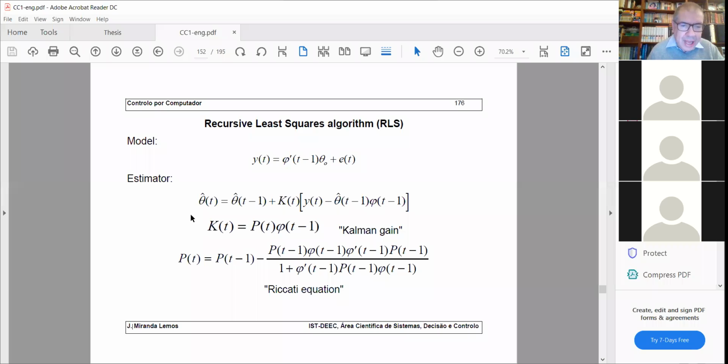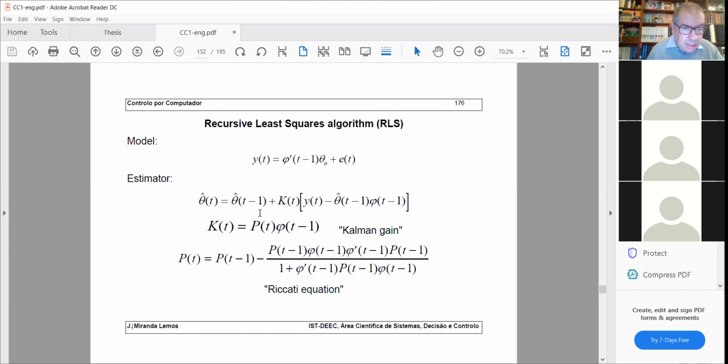Suppose that you know nothing about theta naught. If you know nothing about theta naught, then you assume a value, and you can say, well, theta naught is 0, 0, 0, 0. It's a vector of zeros, or a vector of ones, or a random vector, okay, whatever. So you are committing a big error.